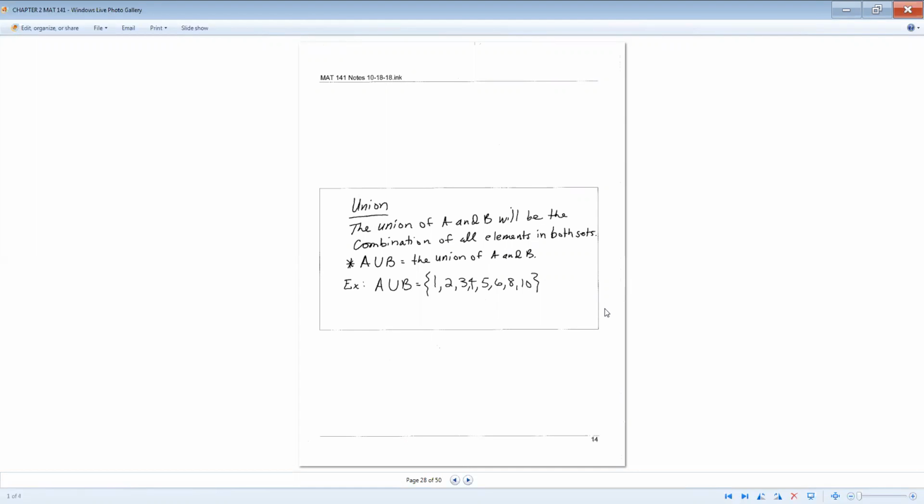So we will use the U for the union of set A and B. It's not actually a U, it just looks more like a U than it does any other letter, so I call it a U. But it's the reversal or the upside down intersection symbol. And so when we union A and B together, you get 1, 2, 3, 4, 5, 6, 8, and 10.